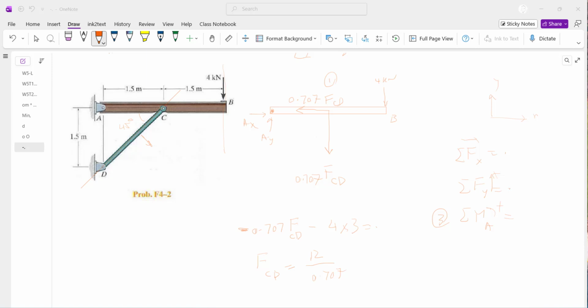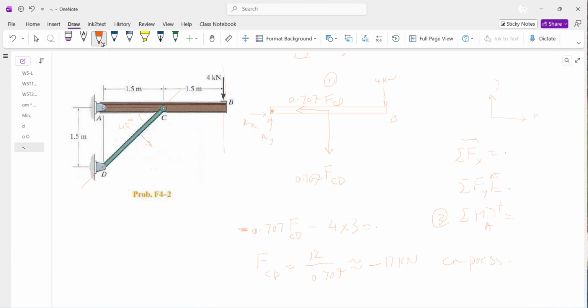So you find the answer is almost 70 kilonewton, but that 70 kilonewton is not positive, it is negative. And what that means is this member is under compression. So when you're solving for the forces, not only the magnitude, but in many cases you also want to know the nature of the force, whether it is compressive or tensile.